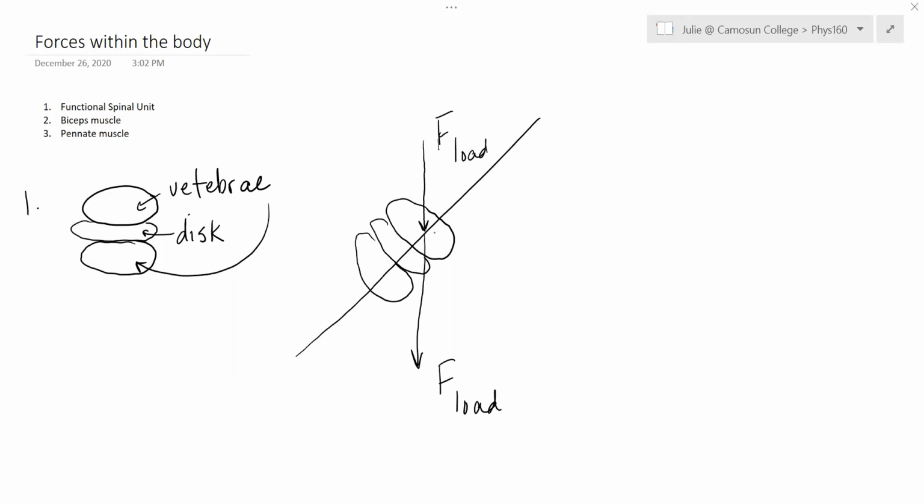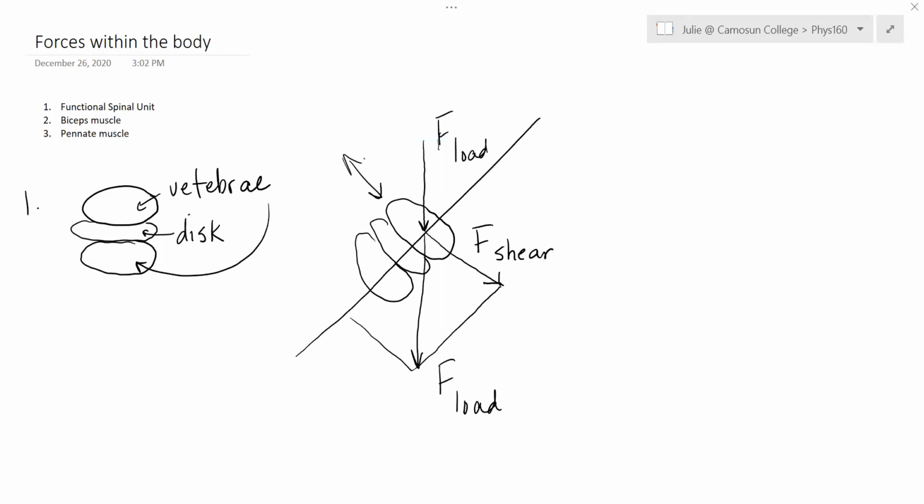And the 2 components will be, once again, we make a box around the force. One component, which is called the shear component, acts to try to slide those vertebrae parallel back and forth this way.